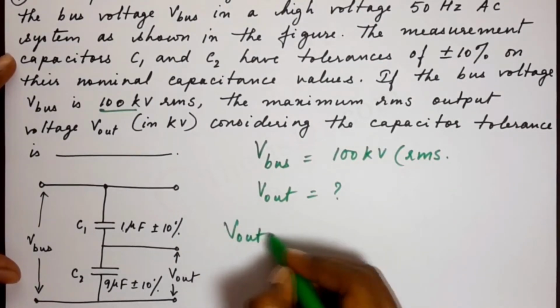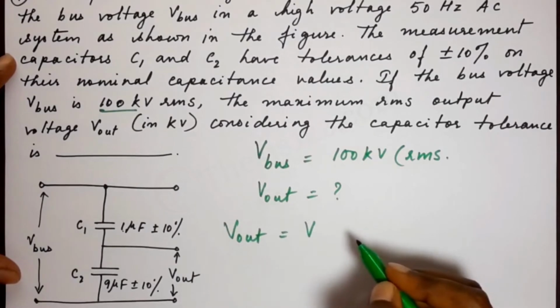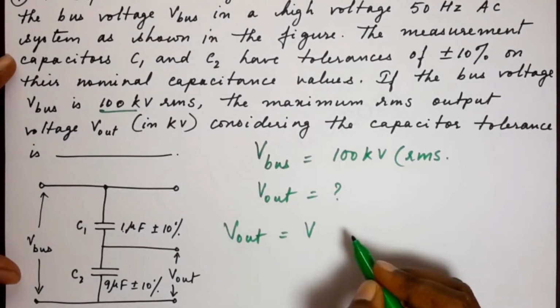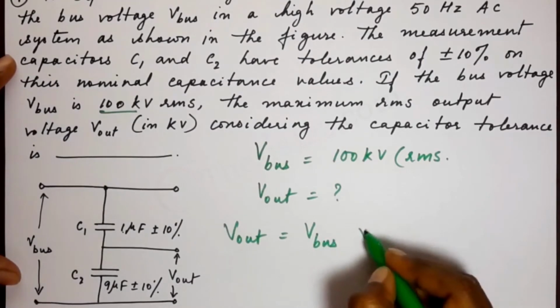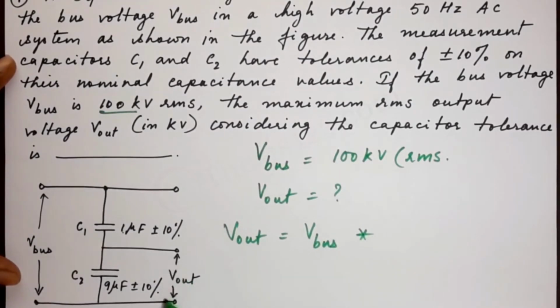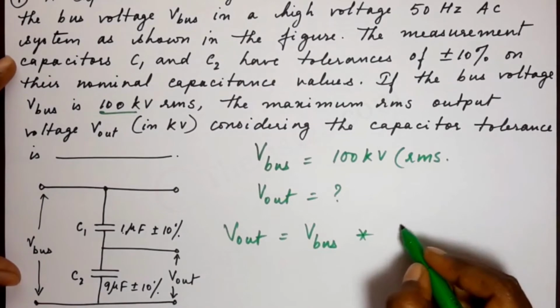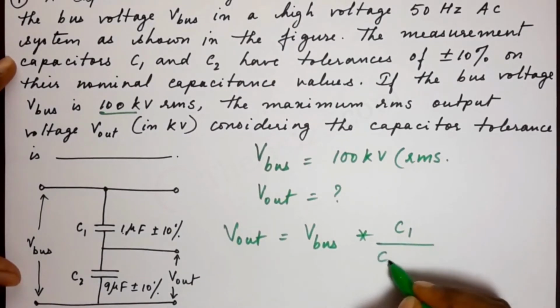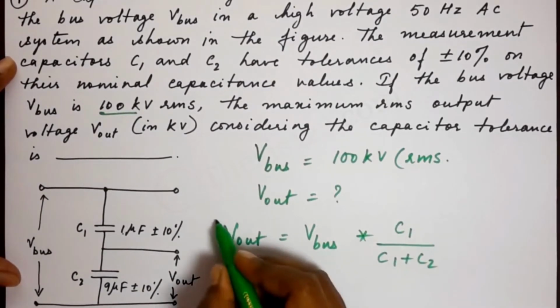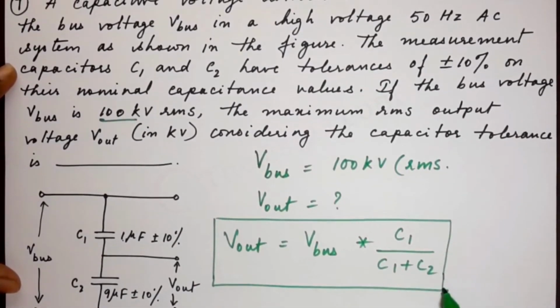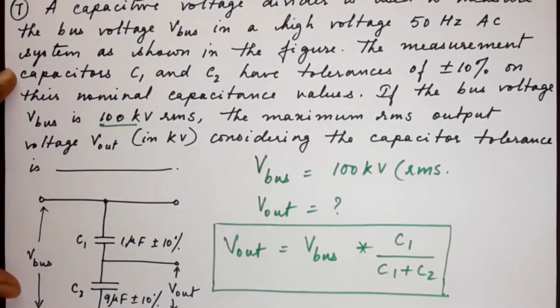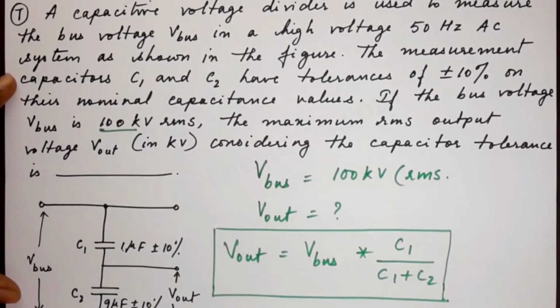So Vout equals V-bus into, we need the voltage across C2, so the formula would be C1 by C1 plus C2. Voltage divider formula, right? Opposite by the sum of the capacitances.